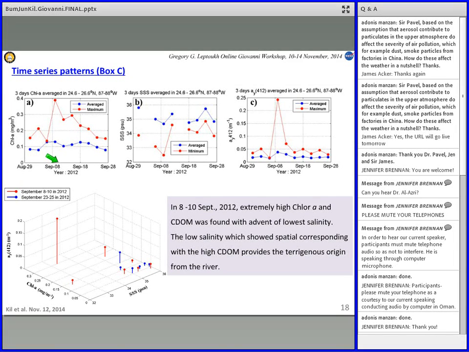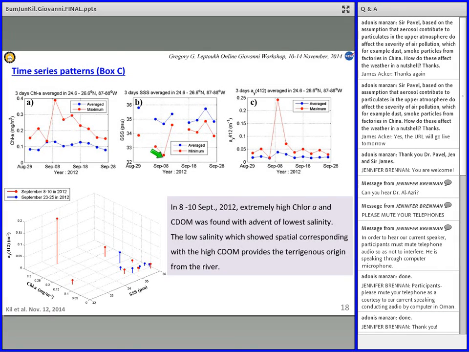And this time shows a similar pattern, more likely due to coastal sources because of the constant presence of the low salinity water, which was measured by a different satellite.